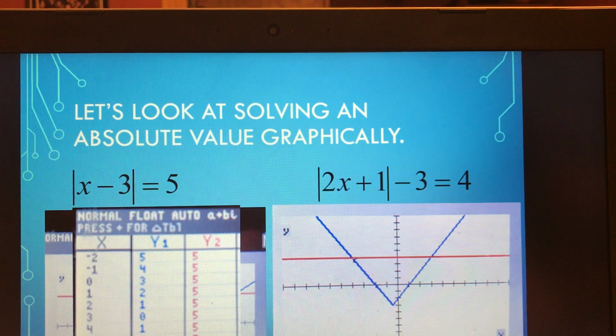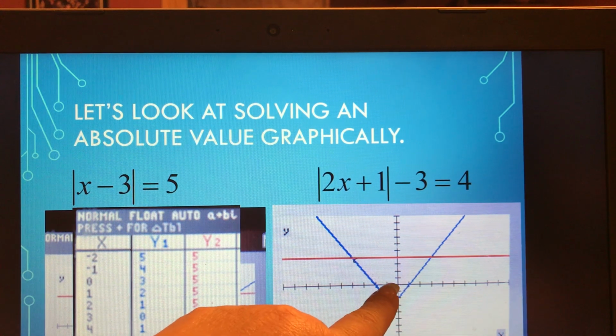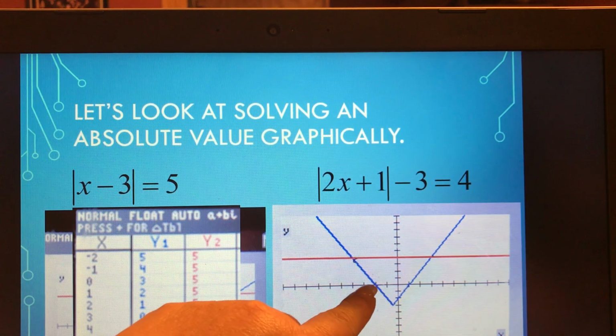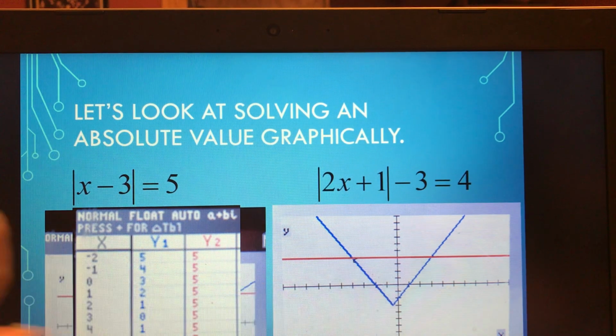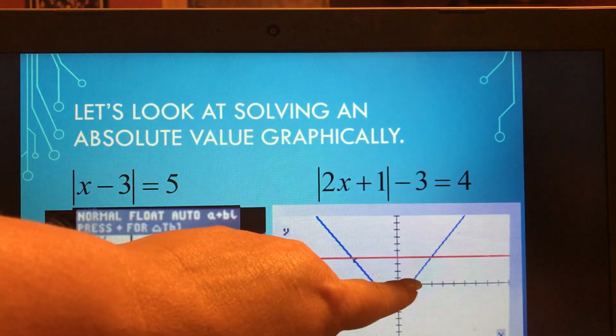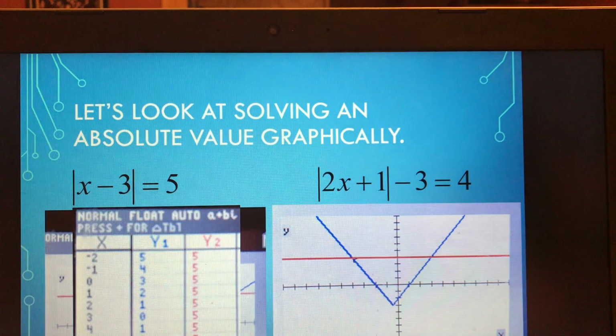All right, so this is what our graph should look like. If we come over 1, 2, 3, negative 4, and positive 3. So it looks like our solutions will be negative 4 and positive 3.